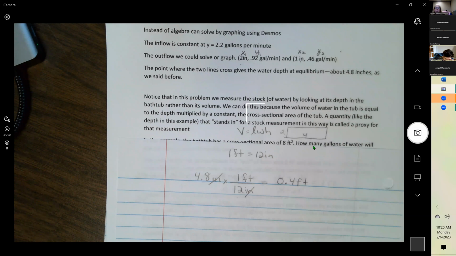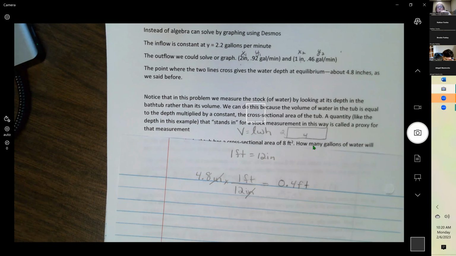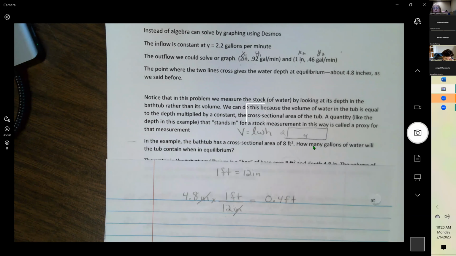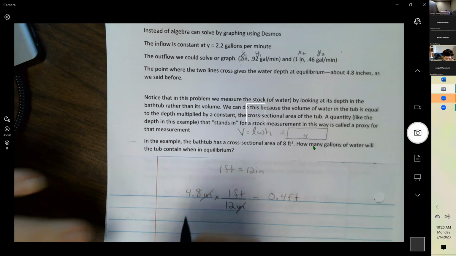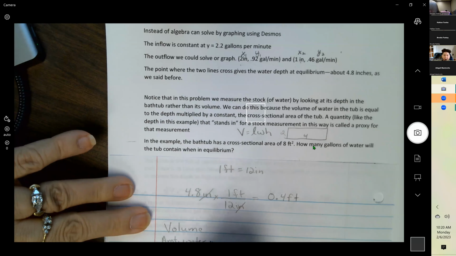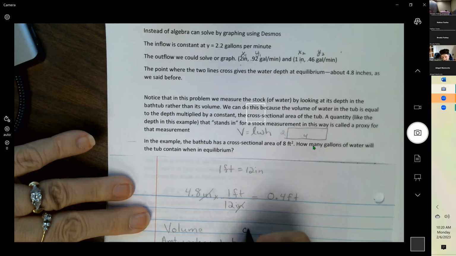So it's 4/10 of a foot. That's the height of the water in the bathtub. Now, if we want to find the volume or the amount of water in the bathtub, we know this is our height.